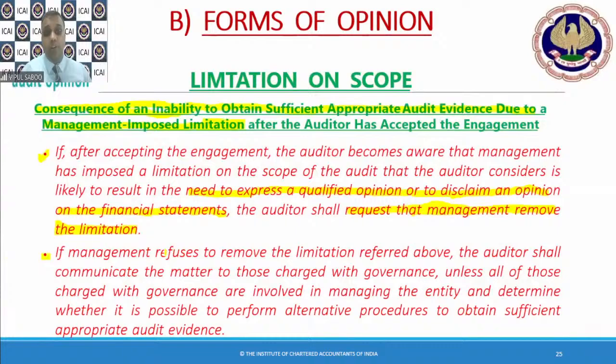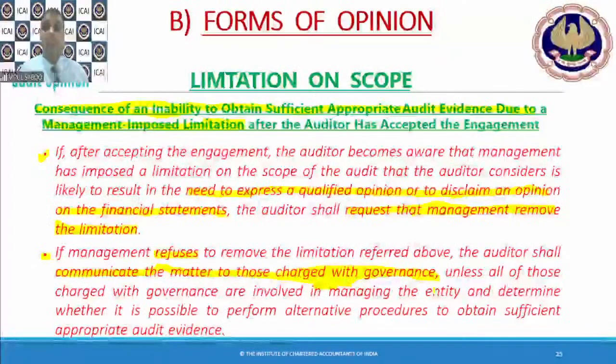If the management refuses to remove the limitation, the auditor shall communicate the matter to those charged with governance, unless all those charged with governance are involved in managing the entity. So if the people in the management are different from those charged with governance, he will communicate with those charged with governance.